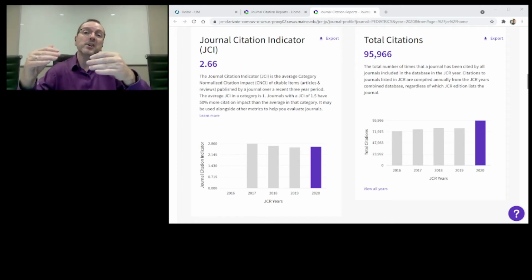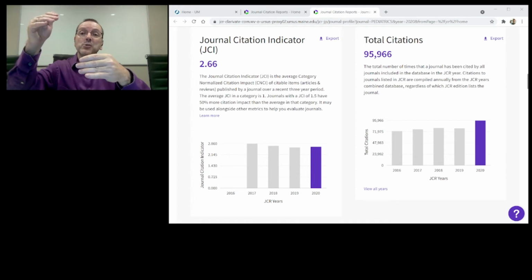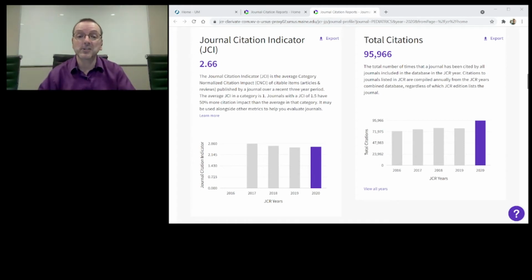A journal citation indicator greater than 1 tells you that there's more citations than you would have expected. So for example, a journal citation indicator of 1.5 tells you there's 50% more citations than you would have expected. A 2 tells you there's double the number of citations given the discipline and the years and the subject area, whatever.